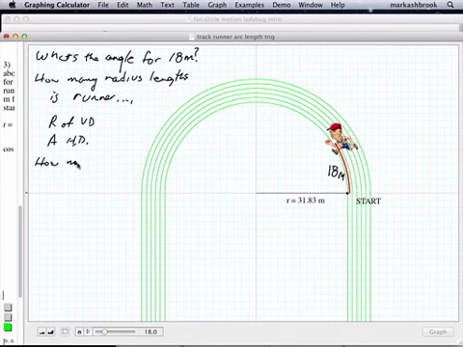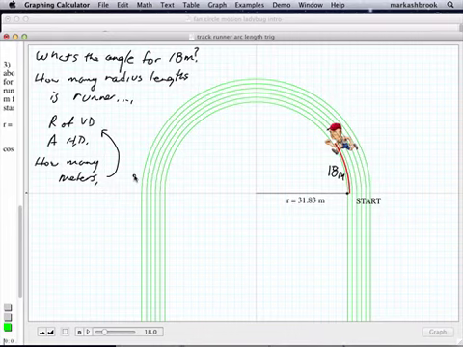Same question, how many meters? No calculator, so you're writing out longhand expressions. So take a minute or two to work on this. You can compare with the person next to you. So the first question is, what's the angle corresponding to running these 18 meters? How many radius lengths is the runner to the right of the vertical diameter and above the horizontal diameter? And then the next question, how many meters is the runner to the right of the vertical diameter and above the horizontal diameter. Okay, go.